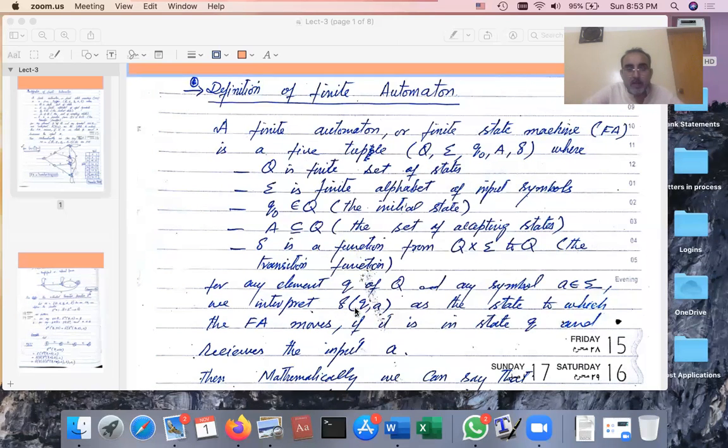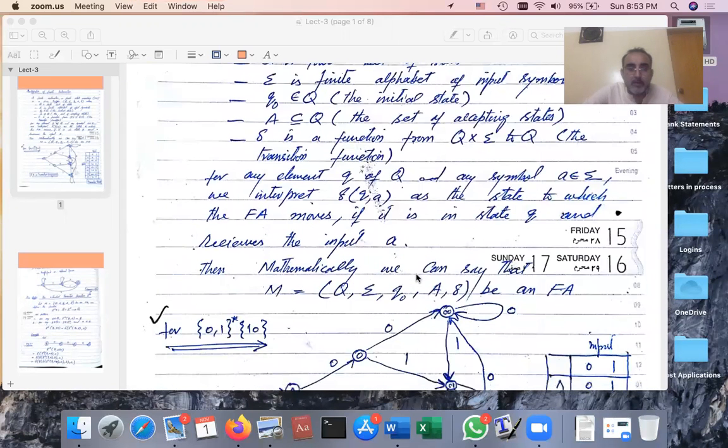So delta(Q, A) is a transition function. It makes us able to move from one state to another state. These two or three lines are the simple elaboration of this delta, nothing more.